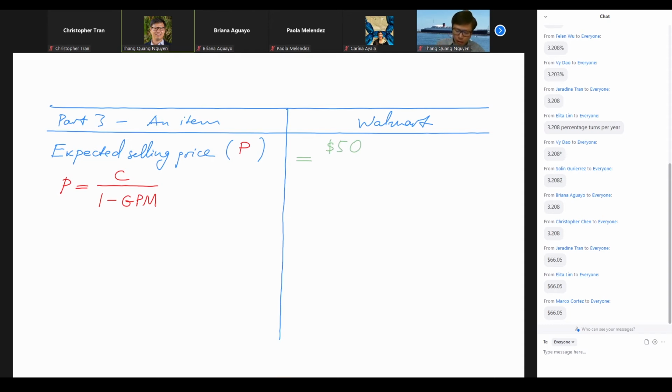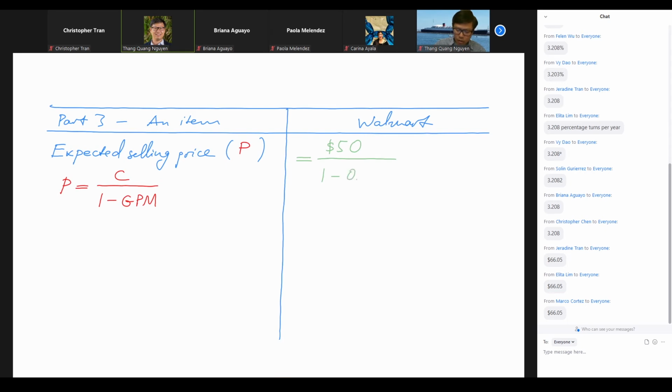And then in the denominator, we have 1 minus 24.30%. So in the past, some students just take 1 minus 24.3 and they have a negative number, right? Then the whole thing will be wrong. So the trick here is you should convert the percentage to a decimal number before you do the calculation.